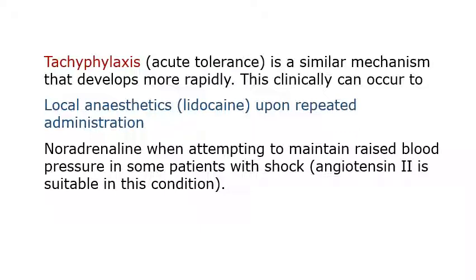So in these cases, if we want to maintain or increase blood pressure, an alternative to noradrenaline such as angiotensin 2 can be administered, since beta receptors can develop tachyphylaxis in these cases.